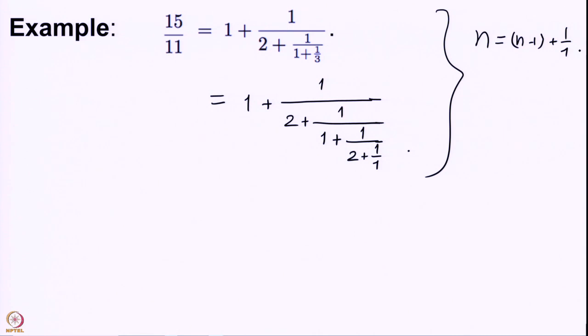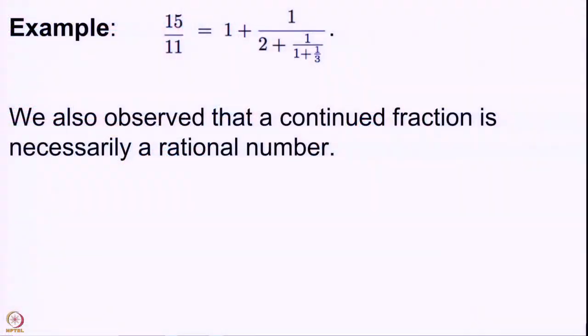Before saying all these things, we should also give a way to construct a continued fraction representation for a rational number and so on. We will do all these things as and when the time comes, but we also noticed another thing: if you have a continued fraction, then it is necessarily a rational number.